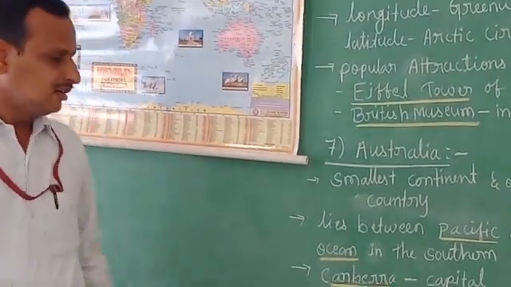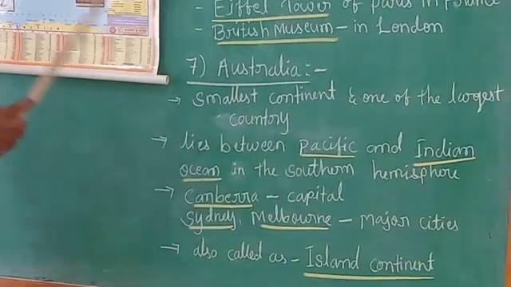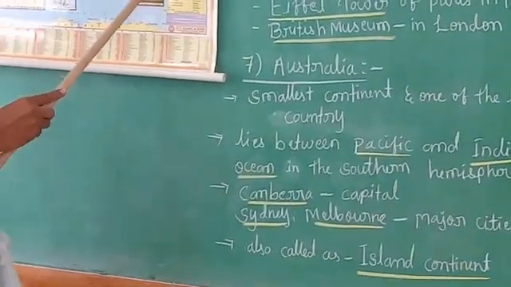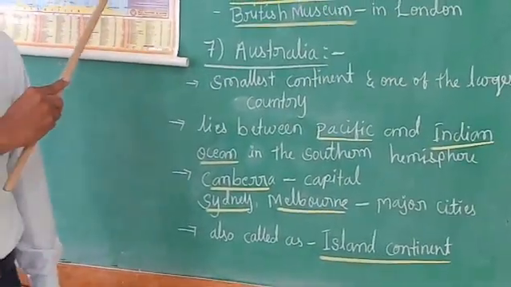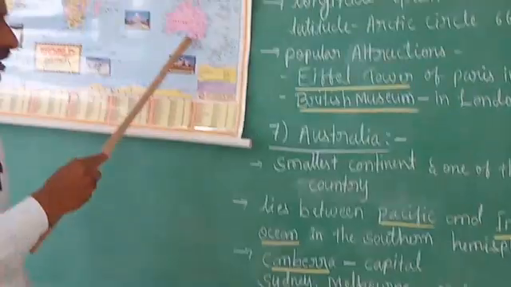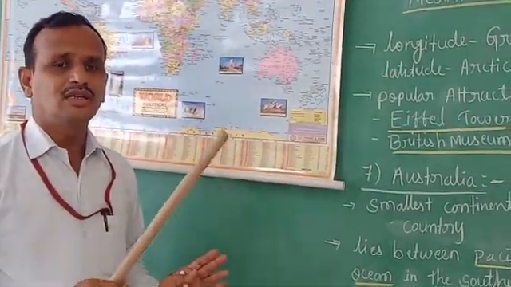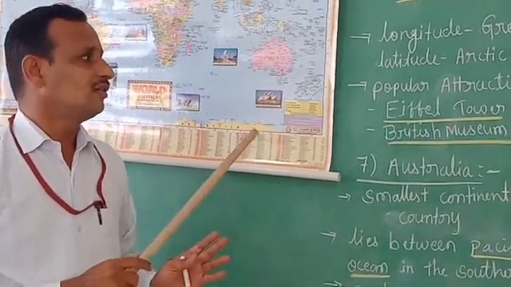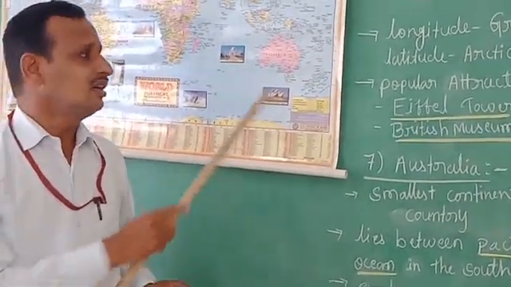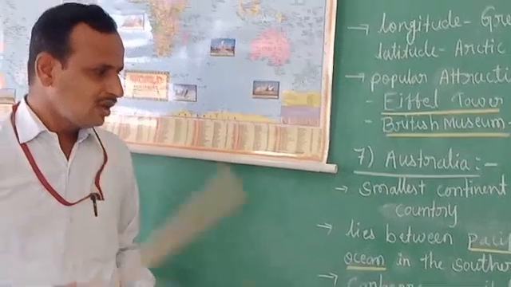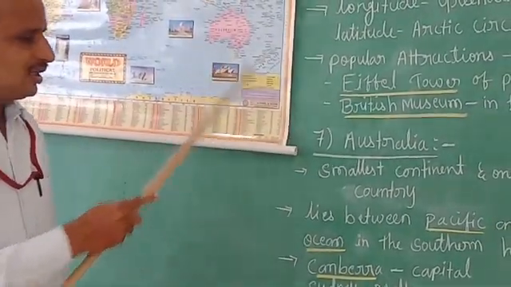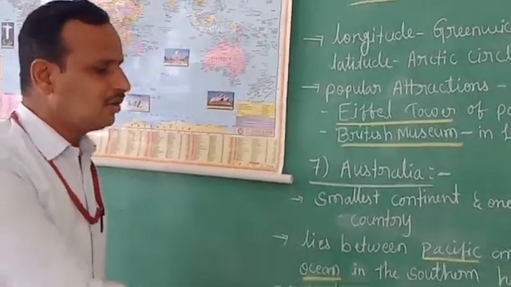And Sydney and Melbourne are the major and very popular cities of Australia. Sydney and Melbourne are very popular, culturally and economically rich cities in Australia. This Australian continent is also called an island continent, children.